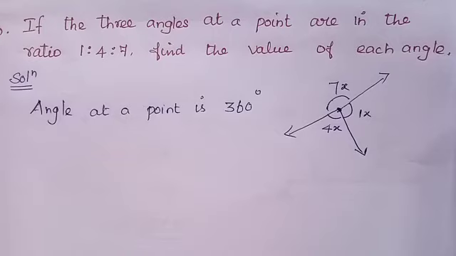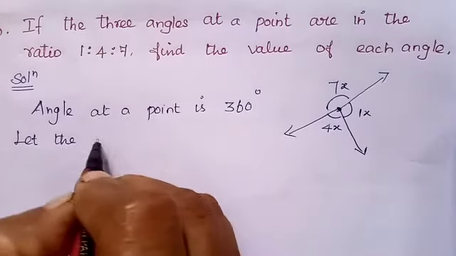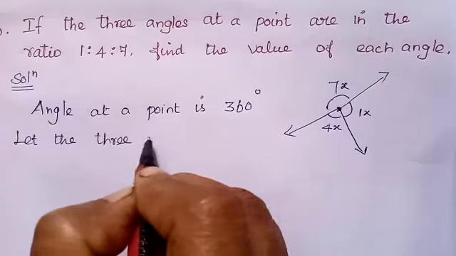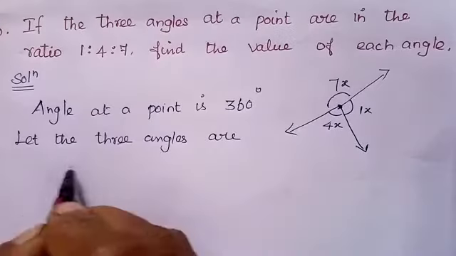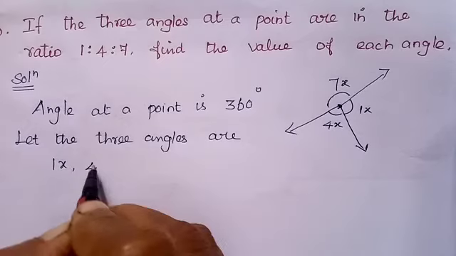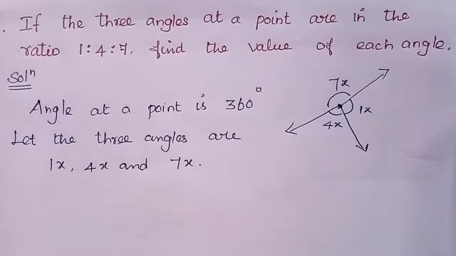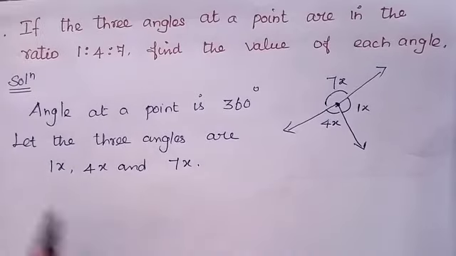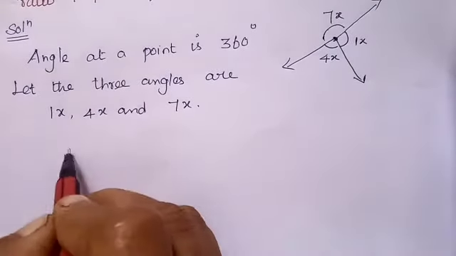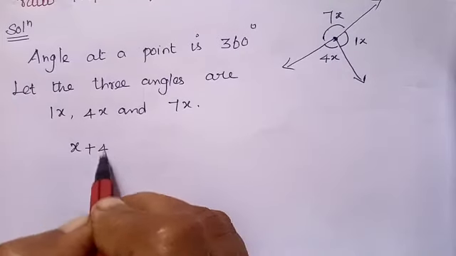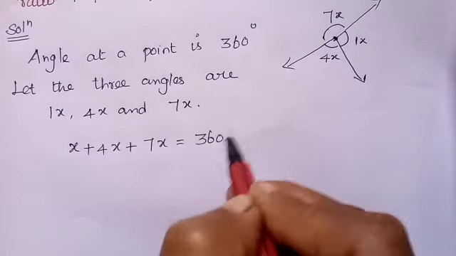Let the three angles be 1x, 4x and 7x. The sum of these three angles is 360 degree. So first we can add these angles. 1x, just write x, plus 4x plus 7x equal to 360 degree.